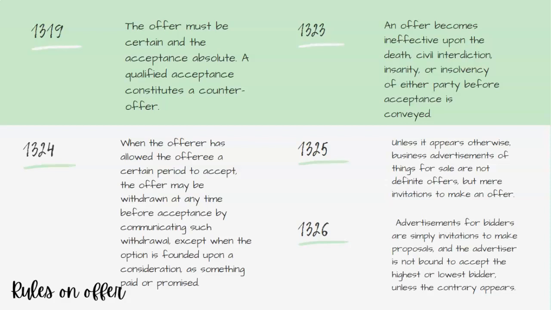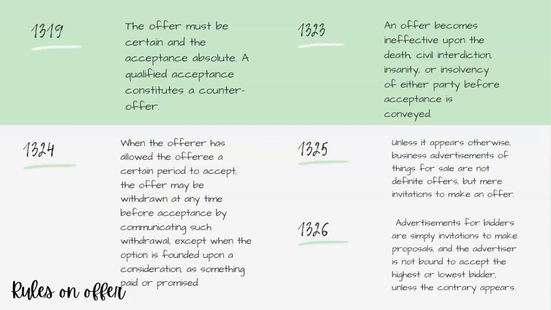If prior thereto, either party dies, suffers from civil interdiction, becomes insane or insolvent, the offer is rendered ineffective. In other words, the disappearance of either party or his loss of capacity before perfection prevents the contractual tie from being formed.